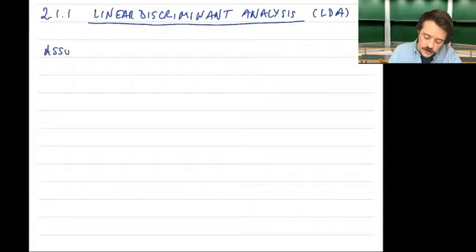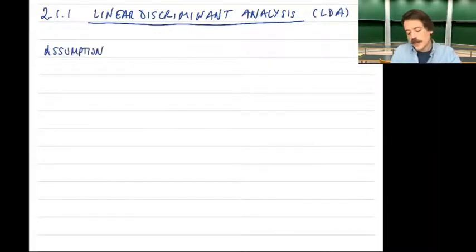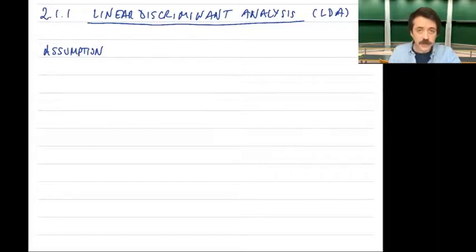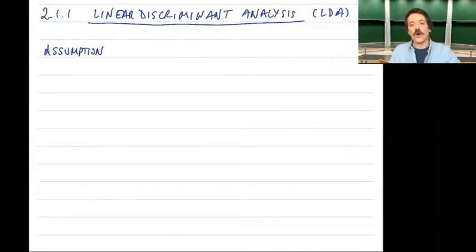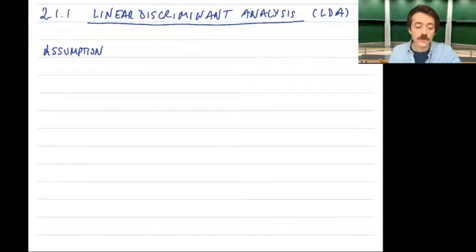Well, we're going to make a very intuitive assumption that actually uses the second set of quantities that we can put conditions on, or that we can model.